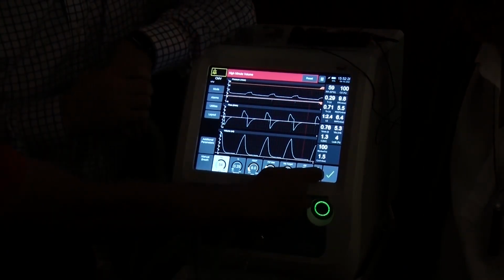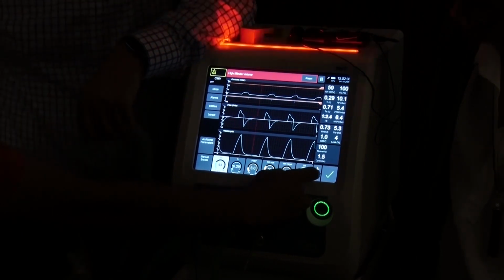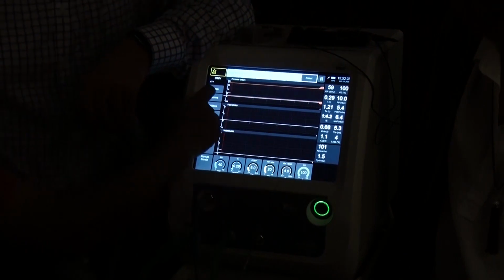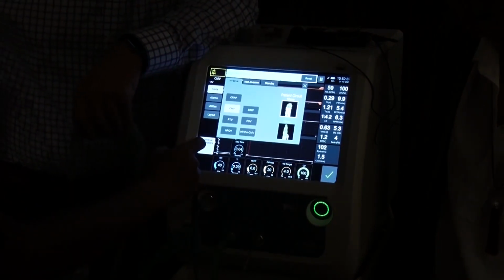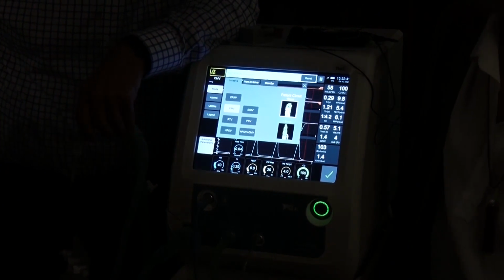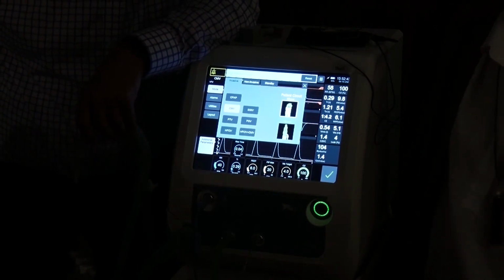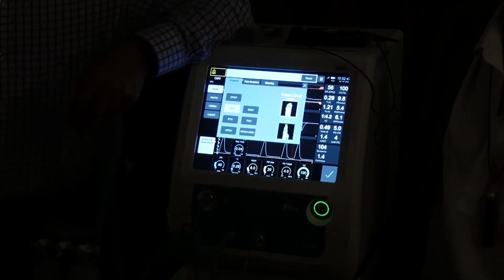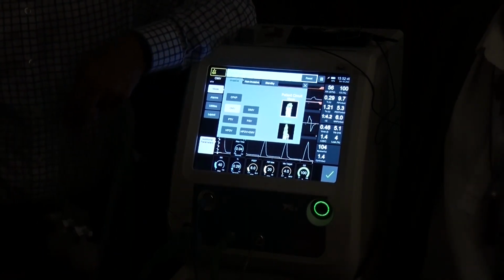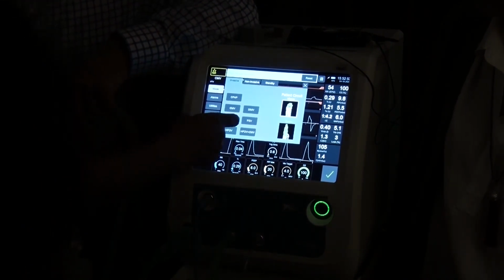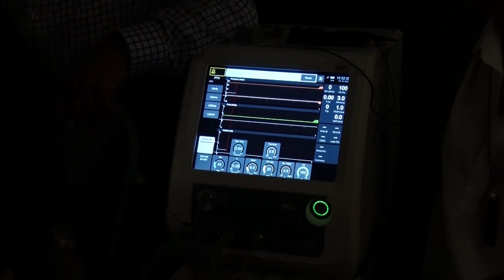What mode would you use? Pressure trigger? Why would you use pressure trigger? Patient trigger. PTC. No, patient trigger. So what are you wanting to do there? You're wanting to trigger.